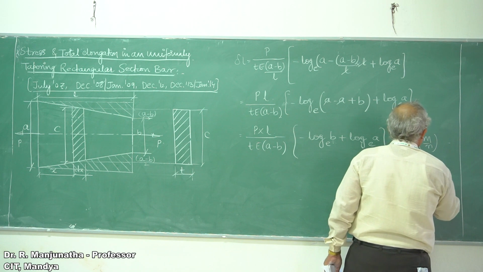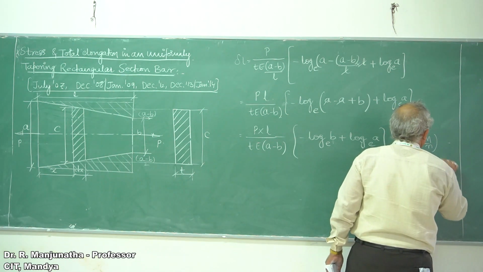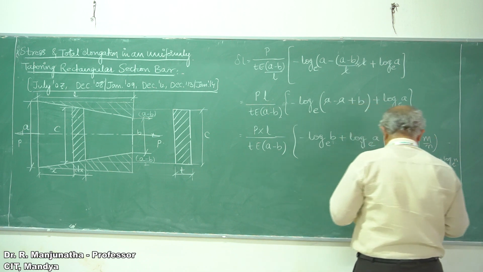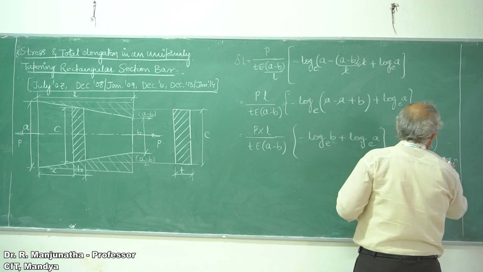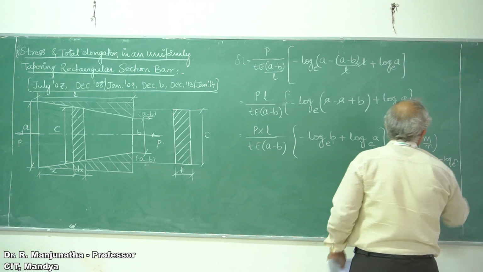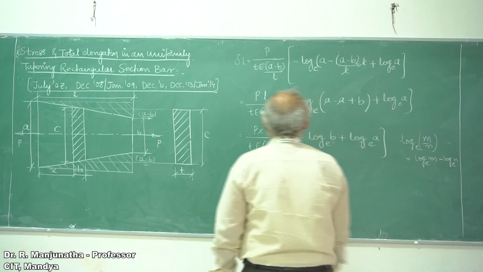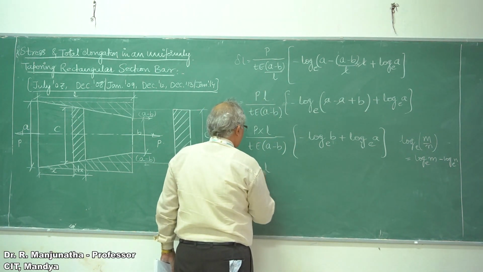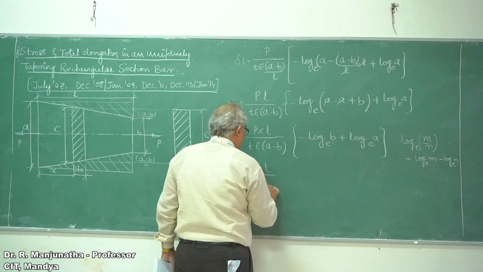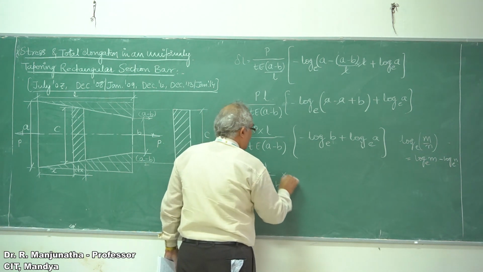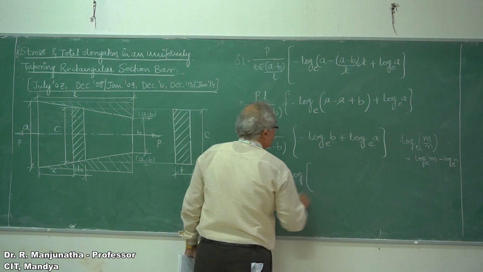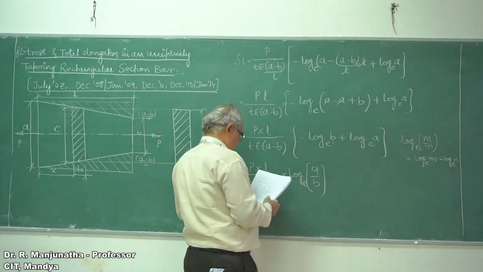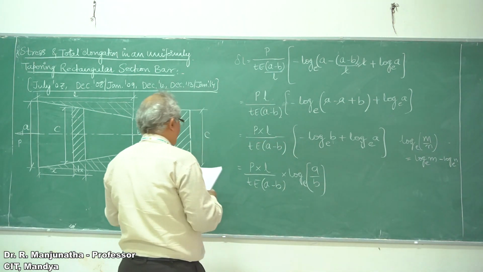Now we apply this to the equation, that will be equal to P into L by T into E into A minus B into log of A by B to base e.